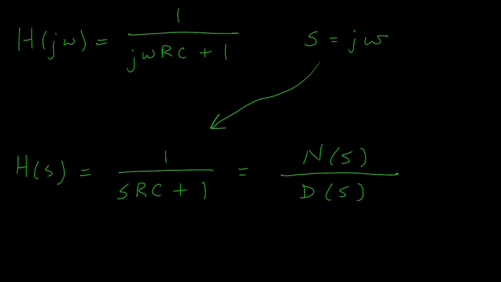So it's just 1. The denominator is not a whole lot more interesting in this case, but it is a first degree polynomial in S. We have the variable S here, this is the coefficient for the term that has S to the first power, and this 1 is the coefficient for the term with S to the 0 power. So this really is a rational polynomial function, and we're going to discuss in later lectures why we do it this way and where we're headed.